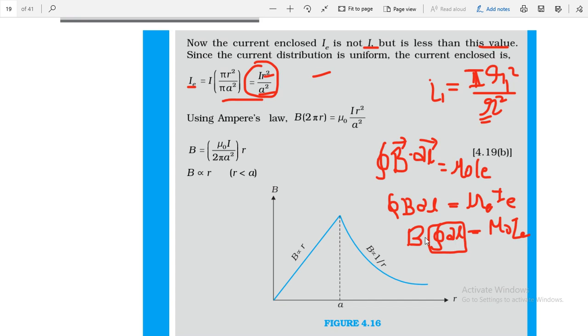In this case the radius of the circular Amperian loop is taken as r, so you can write B into 2 pi r is equal to mu naught IE.